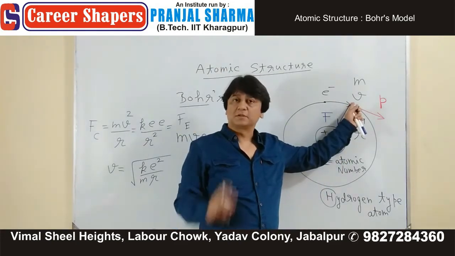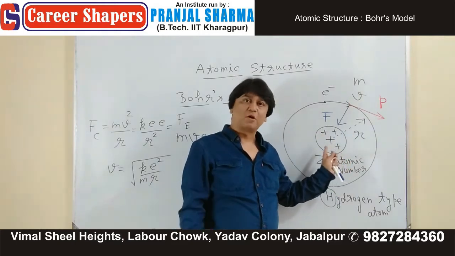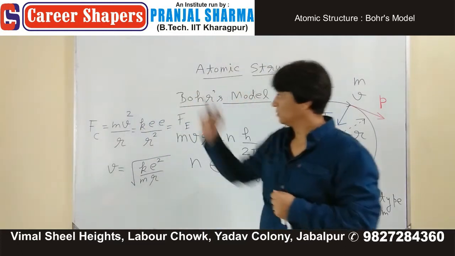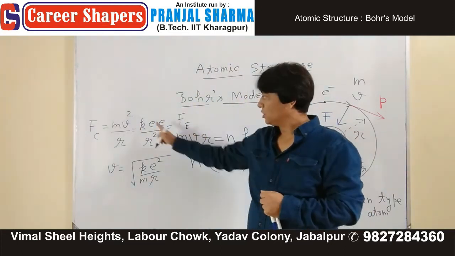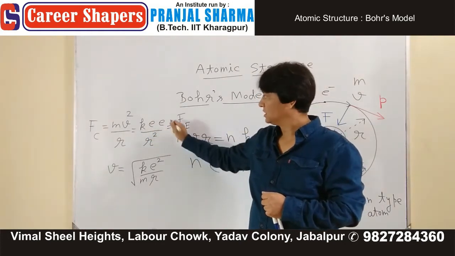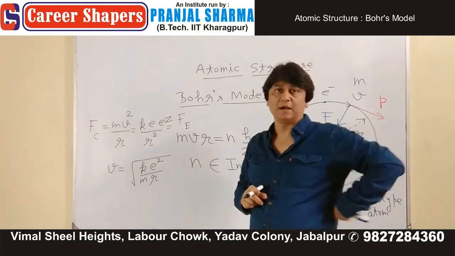This is a single electron. You've got Z number of protons. If there are Z number of protons, then the change will be what? You still have a single electron, but since there are Z protons, this e will become e multiplied by Z.